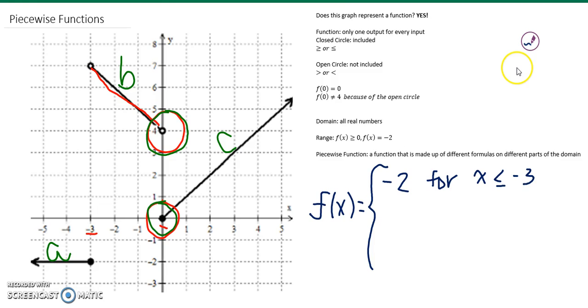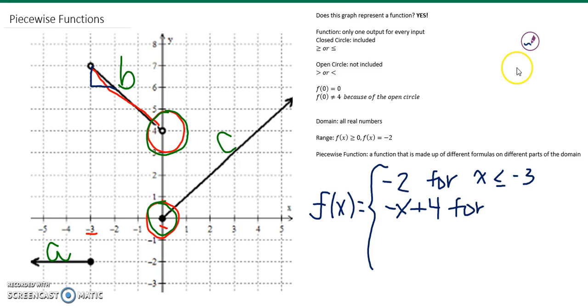Our second piece, part B, we can start by finding the slope, which is rise over run. Here we see it falls 1 and has a run of 1, and so our slope is -1, and we can write this as negative x with our y-intercept of +4 for x between -3 and 0.